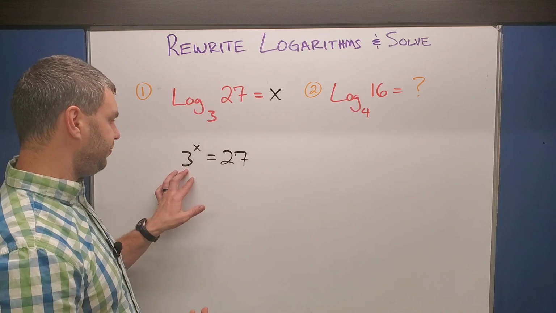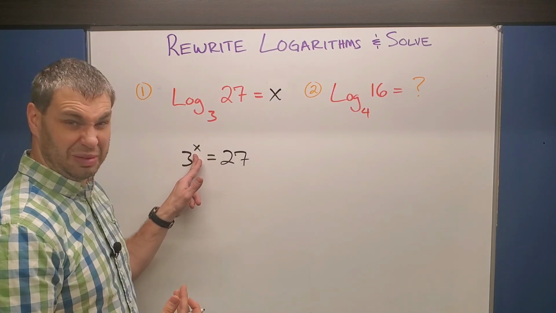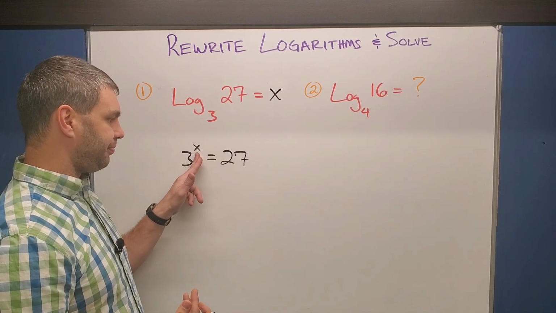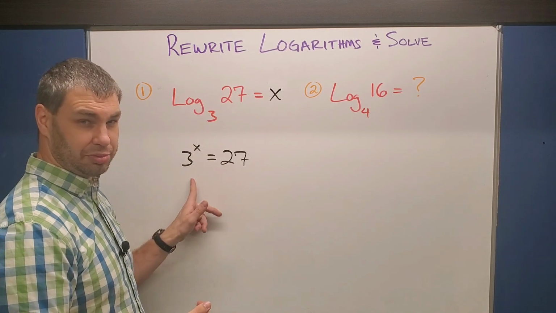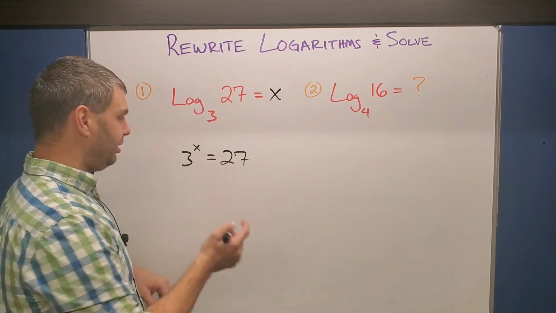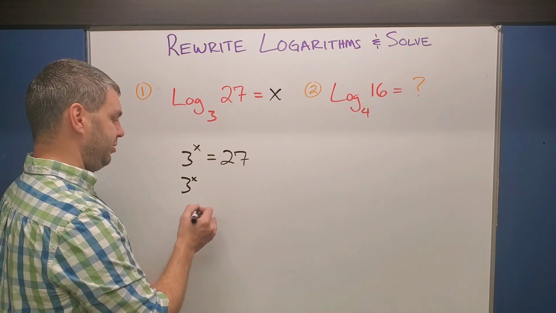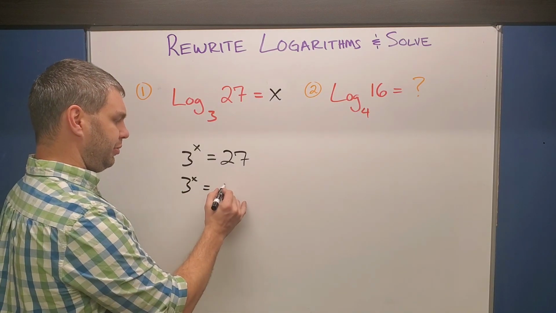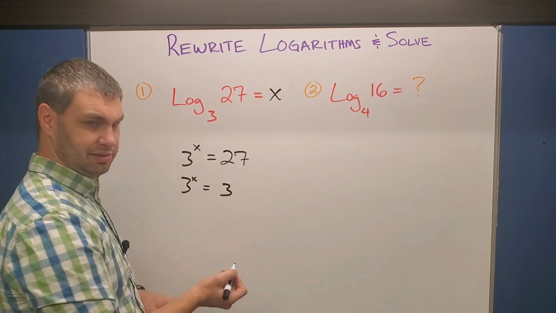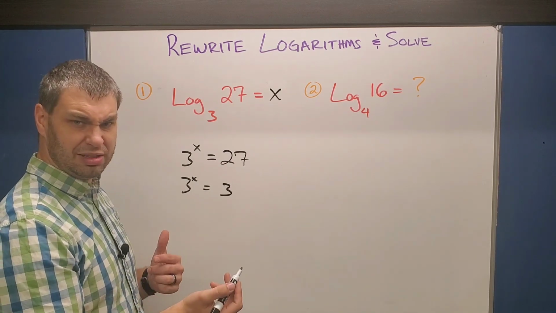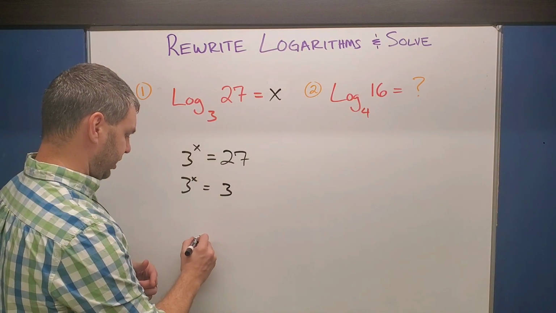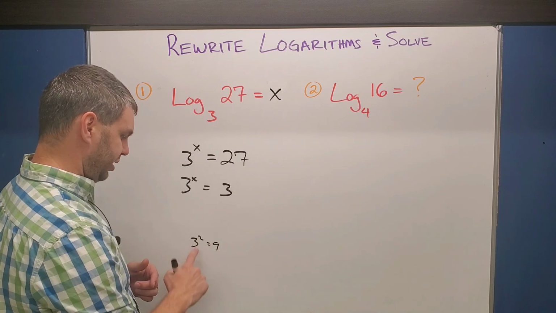Well, if you remember, we can't really solve when something is up here in the exponent, but what we could do is make 27 also look like 3 raised to something else. This is still going to be 3 raised to the x, but 27 could be written as 3 raised to what? Well, 3 to the first power is 3. 3 squared is 9, so it needs to be bigger than 2.